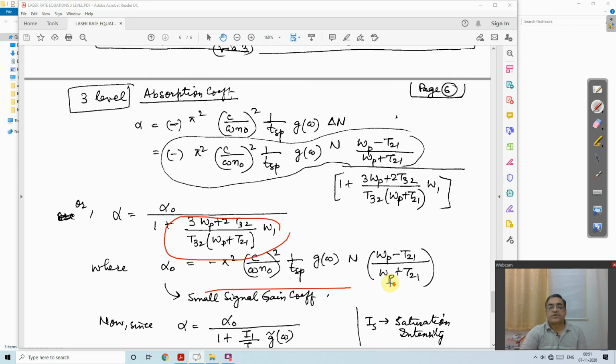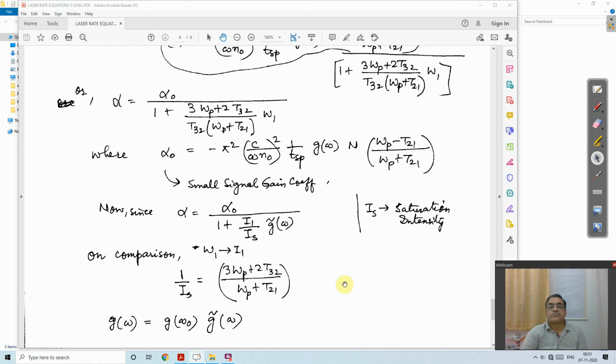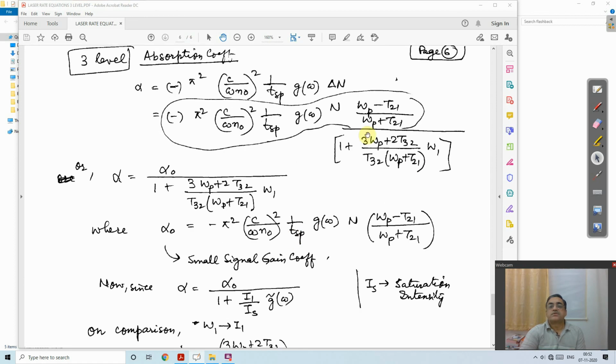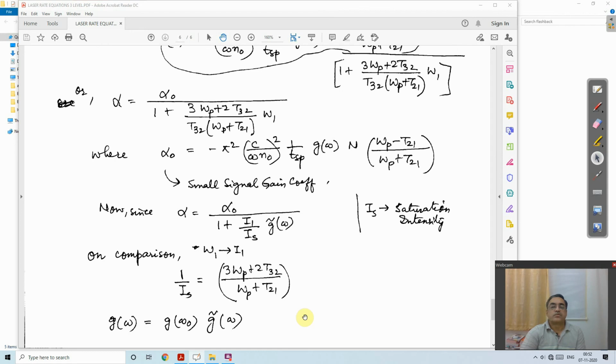Small signal gain coefficient, then we have, on substituting, alpha equal to alpha naught over 1 plus I1 by Is. Here the rest of this thing is Is, and G tilde omega.